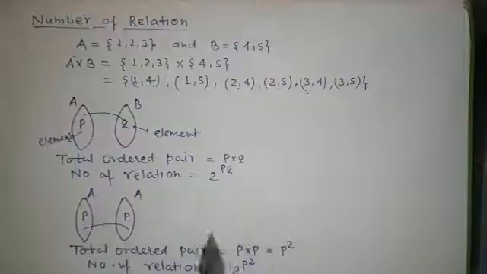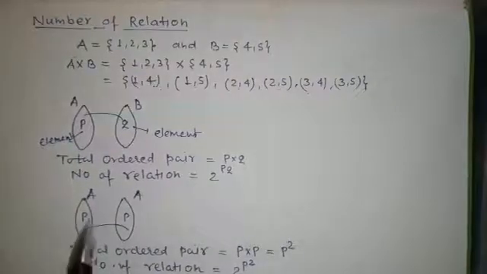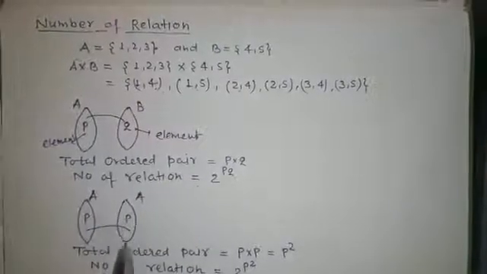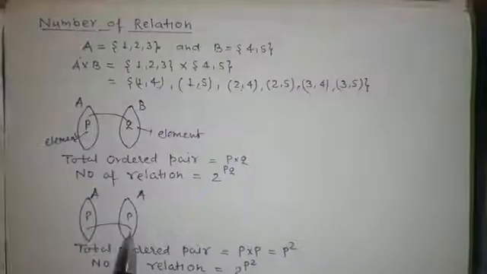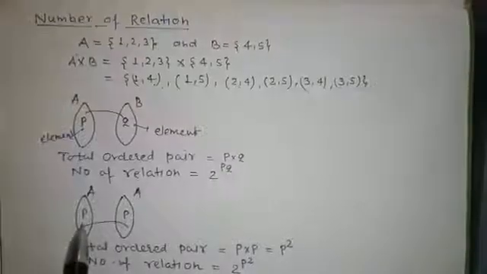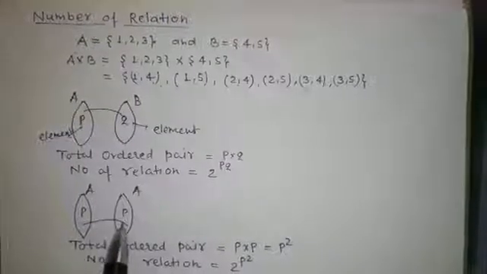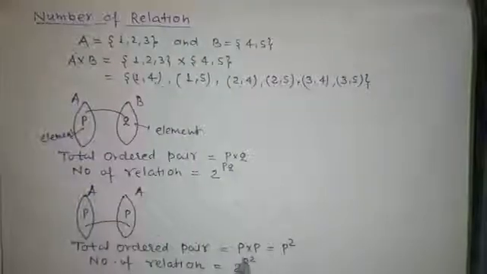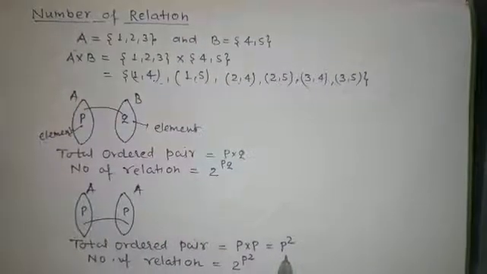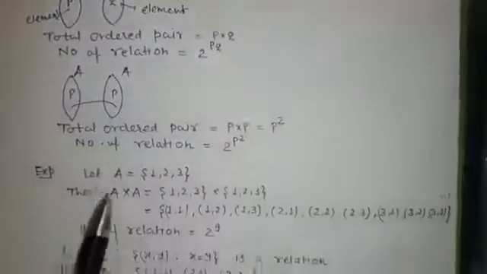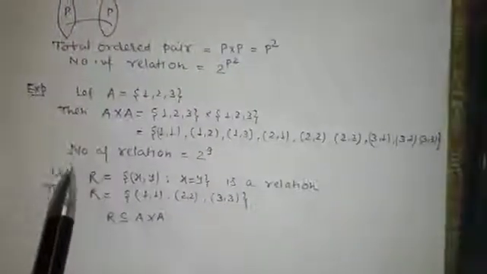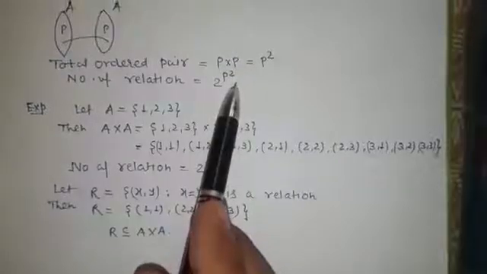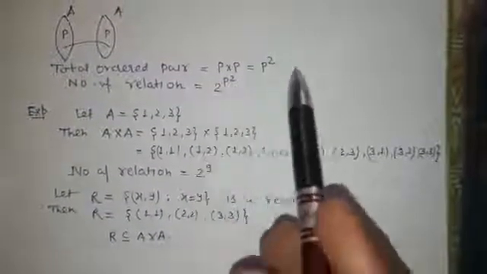Now again, if we take the same sets A and A, a relation from A to A, then A has P elements and also A has P elements. Then total ordered pairs is equal to P into P, means P square. So the number of relations is equal to 2 power P square. It is very important.